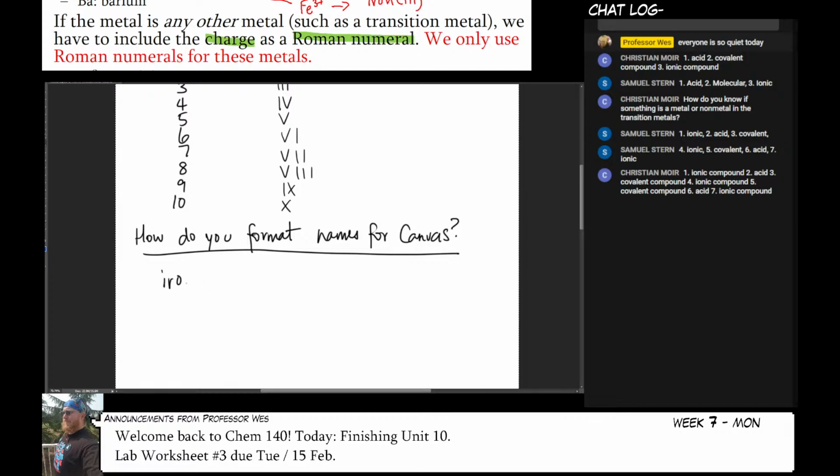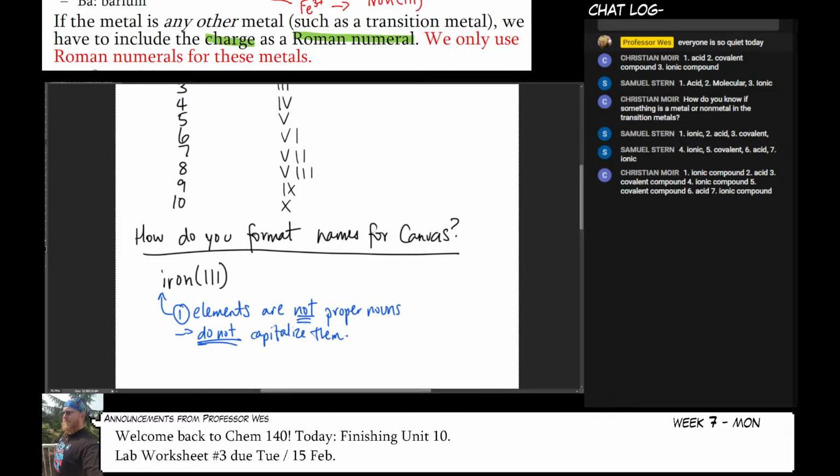So I'm going to write an example here for iron(III). Rule number 1: elements are not proper nouns. Do not capitalize them. If you do, it will be marked wrong and I will just shrug.